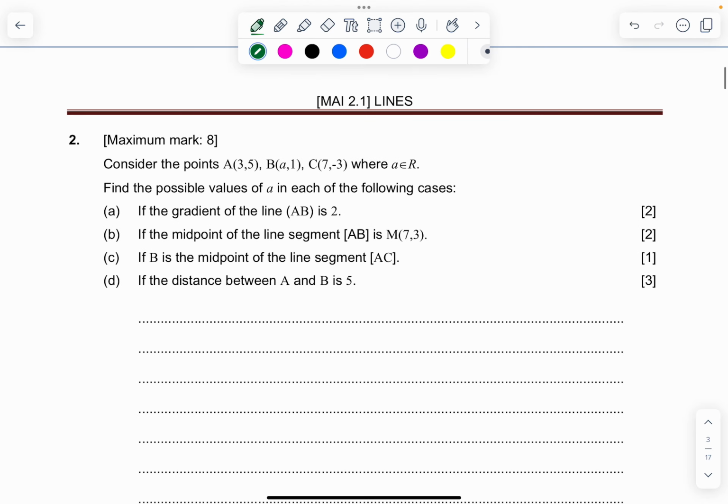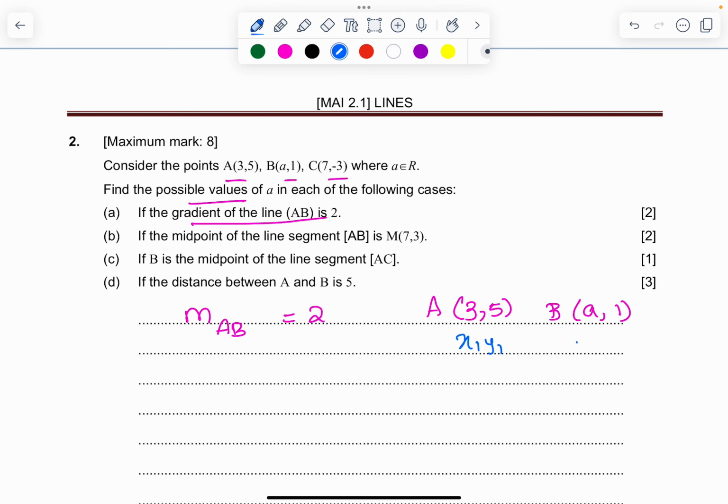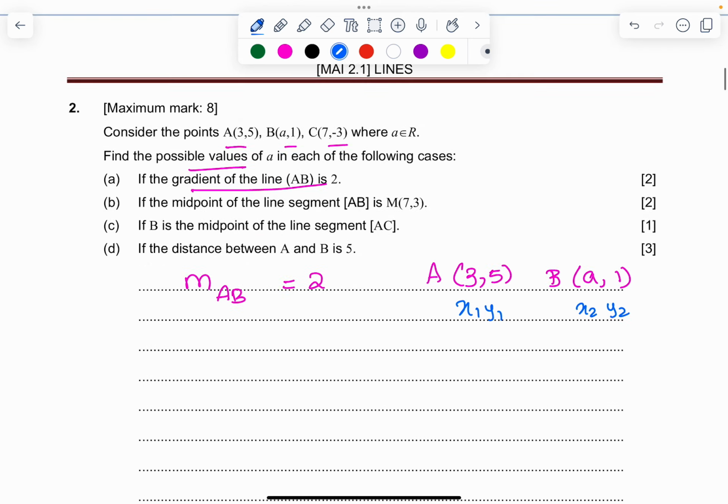Question number 2. The points A, B, C are given. Find the possible values of a for which the gradient of AB is 2. Gradient of AB is 2. So A is (3, 5) and B is (a, 1). This becomes x1, y1 and this becomes x2, y2.